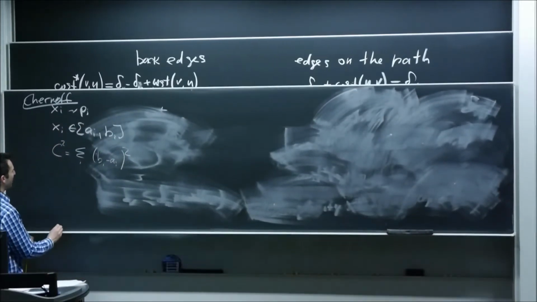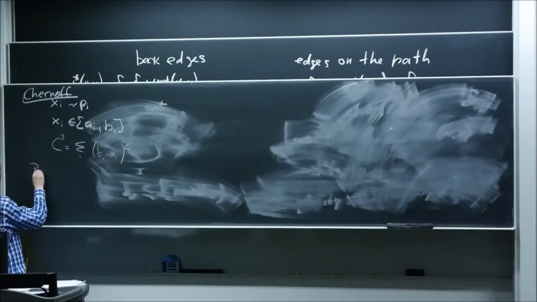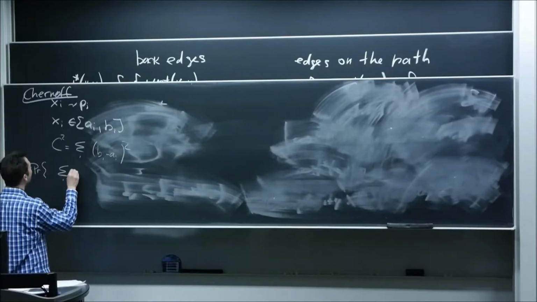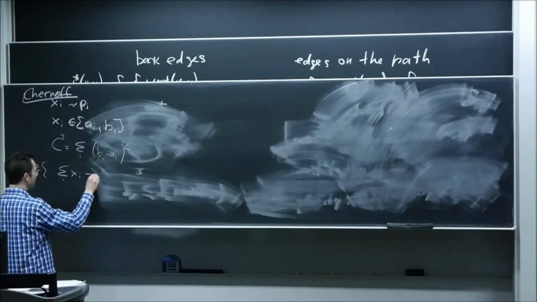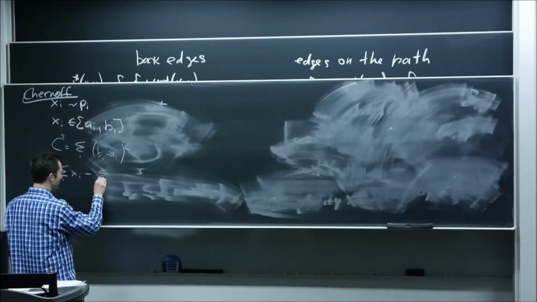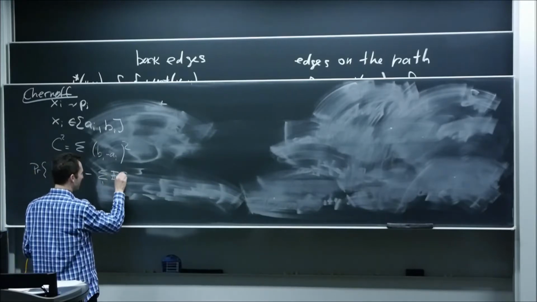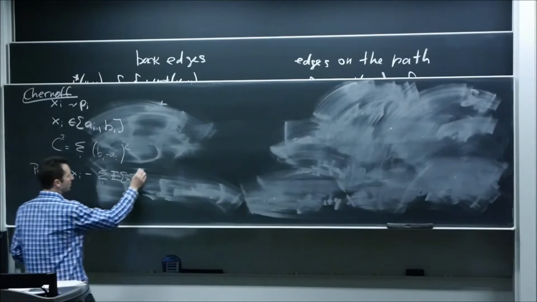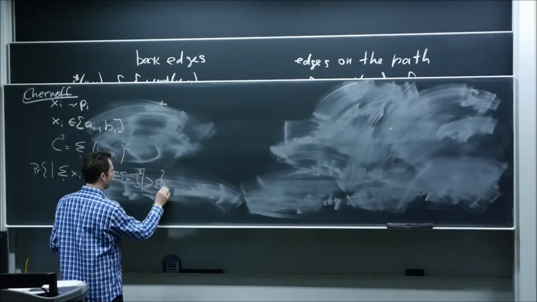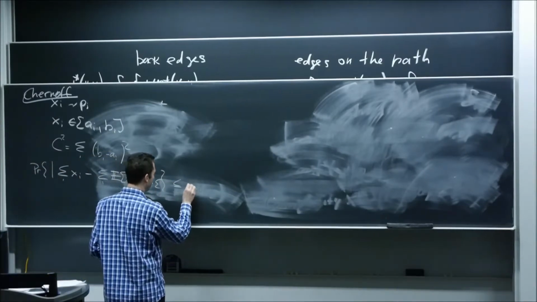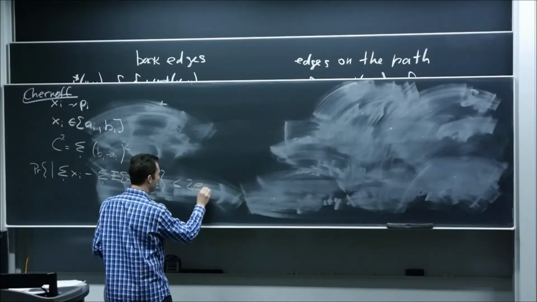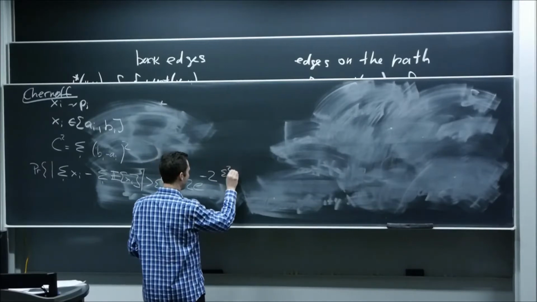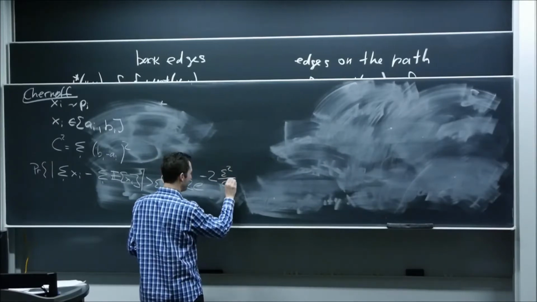And in this case, I have the theorem that the probability that the sum over i of xi deviates from the sum over i of the expectations of xi by more than epsilon is bounded by 2e to the minus 2 epsilon squared over c squared.